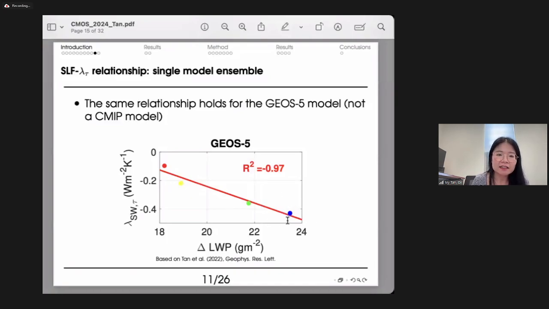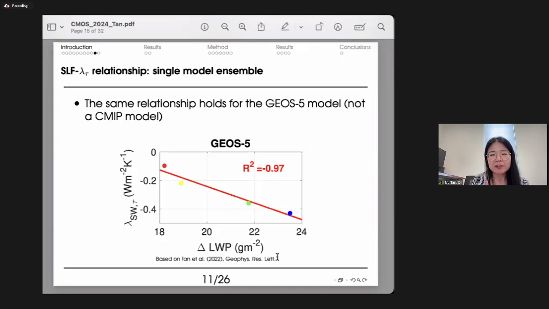And here the SLFs are color-coded so that the cooler colors, green and blue, represent the lower SLF states, and the warmer colors, yellow and red, represent higher SLF states. This plot also shows the change in cloud liquid water path in response to global warming on the x-axis.